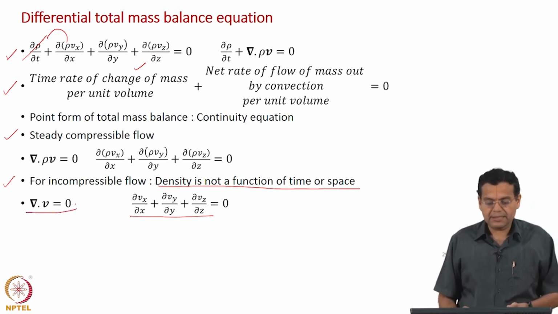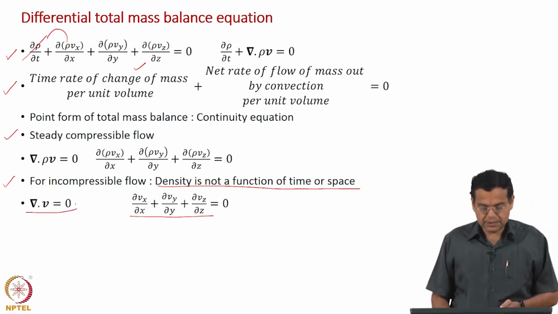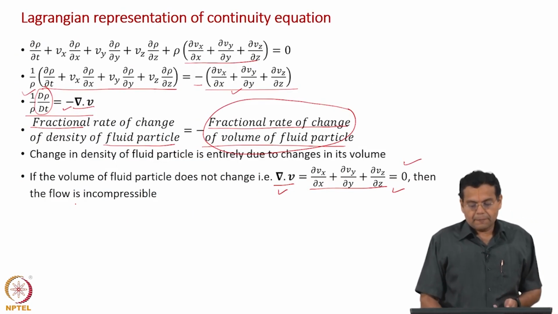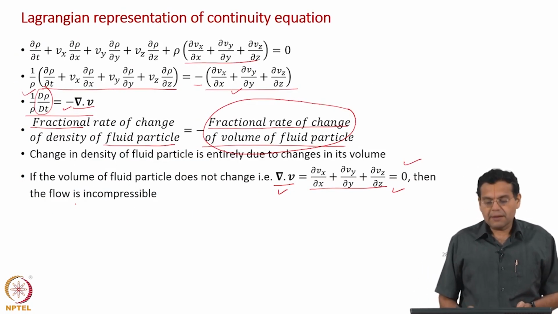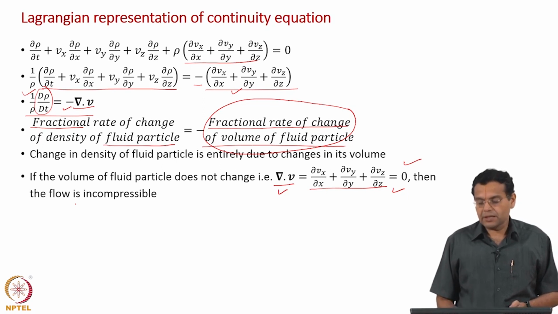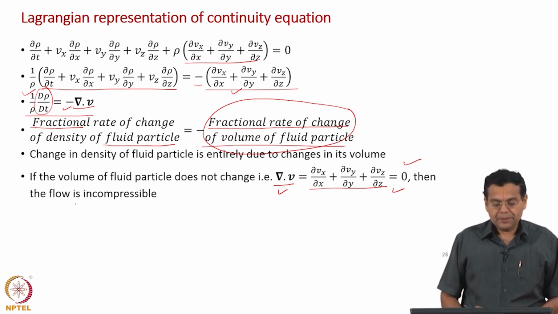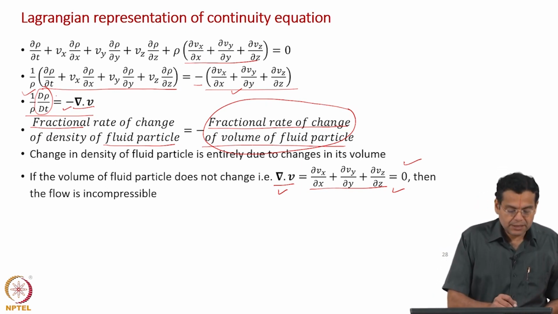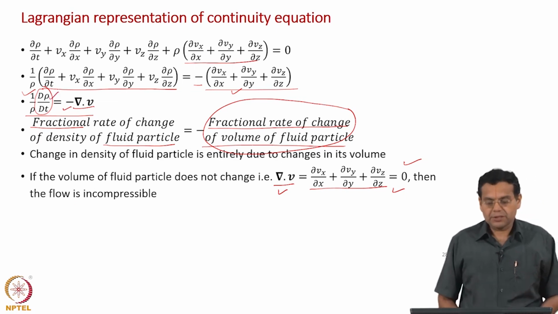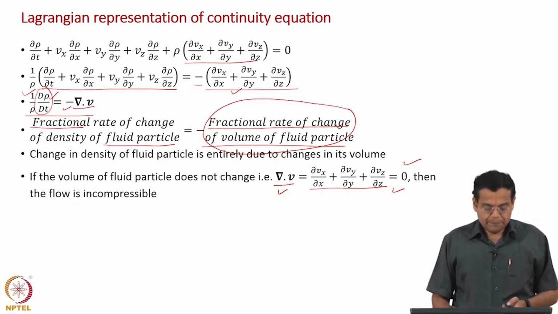It is the same condition which we have discussed now as del dot v equal to 0, and we said rho is not a function of space or time, which means d rho by dt is equal to 0. So, both the conditions are equivalent.